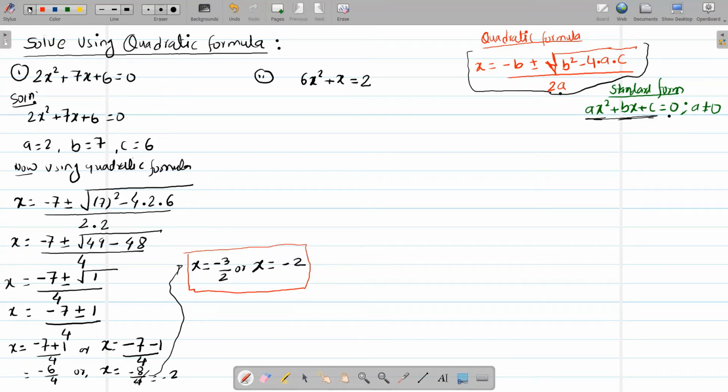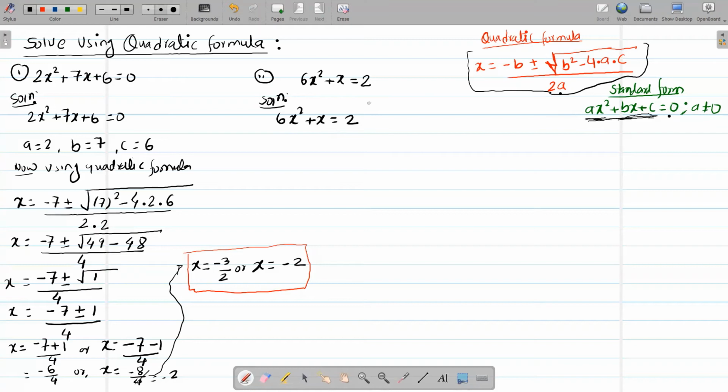Now let's solve the second problem. The second problem, we have 6x squared plus x is equal to 2. Now it's not in the standard form, because our standard form of a quadratic equation is ax squared plus bx plus c is equal to 0.